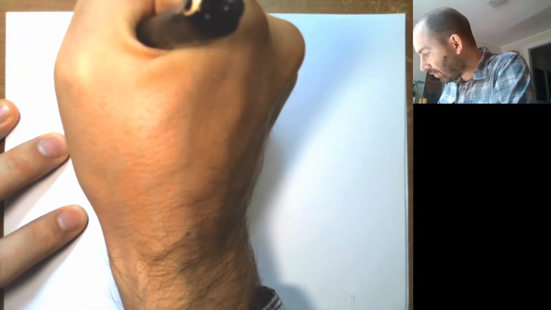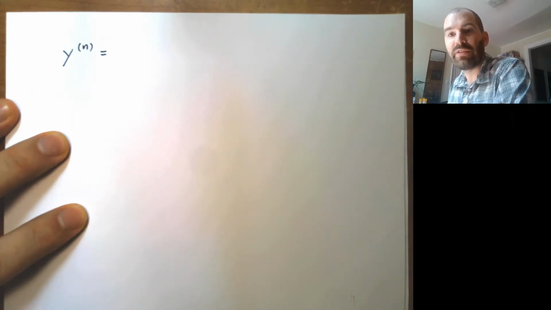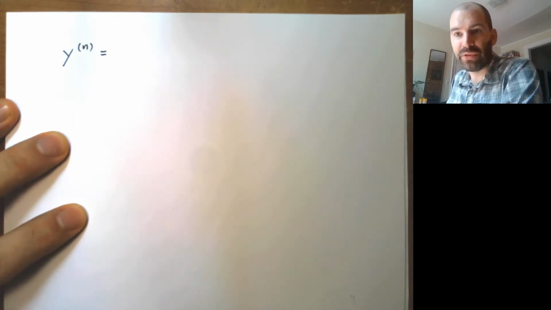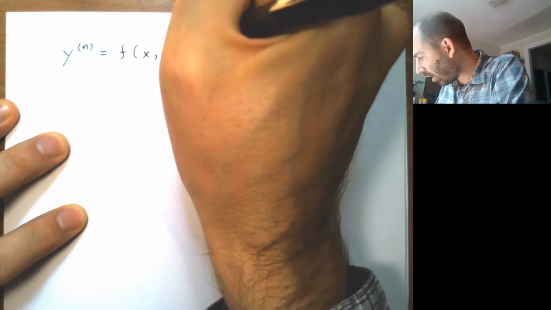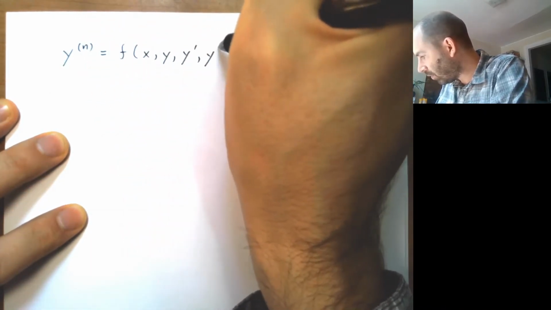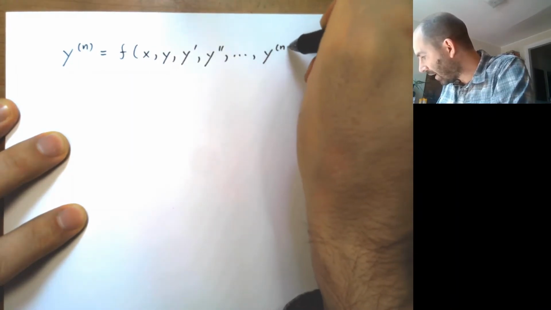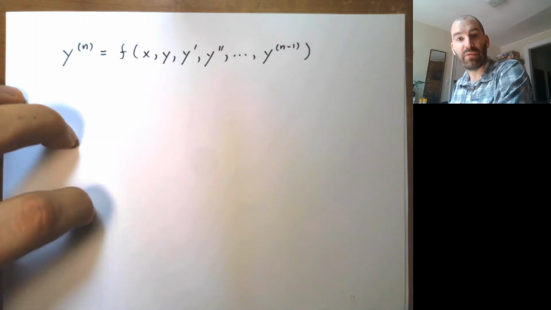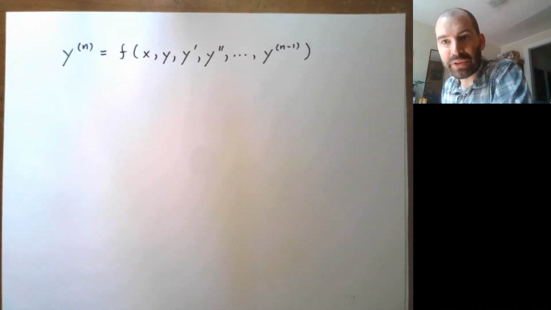The nth derivative of y is going to be expressible as a function of x and the lower derivatives of y. So it's a function of x, y, y prime, y double prime, all the way up to the (n minus 1)th derivative of y. So these are the differential equations we're dealing with in this class.